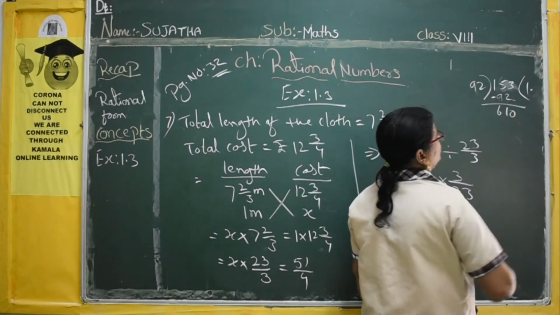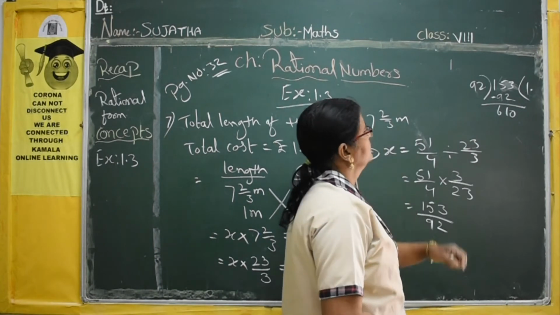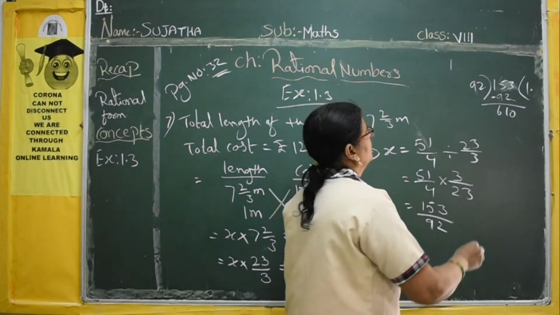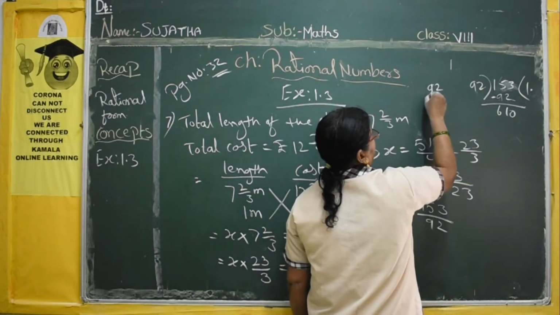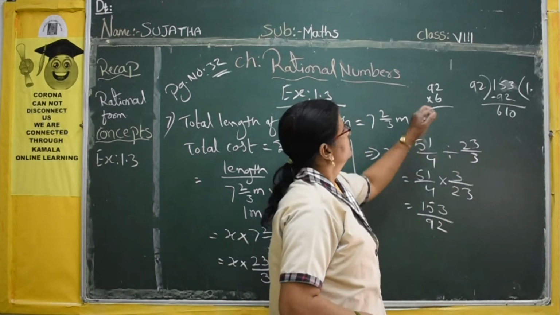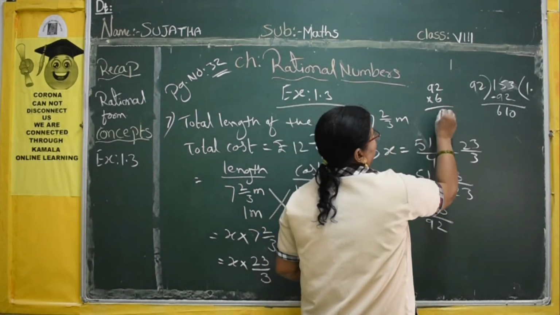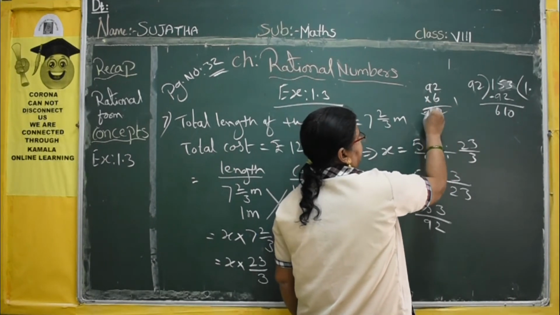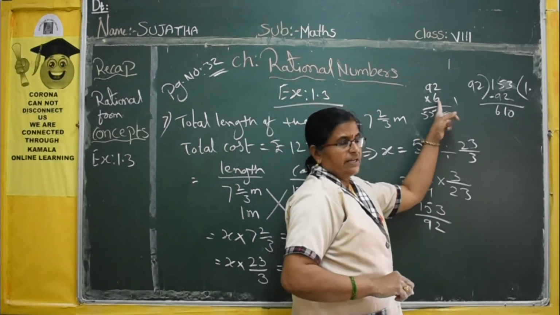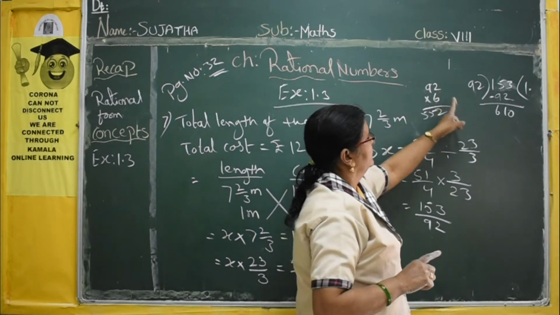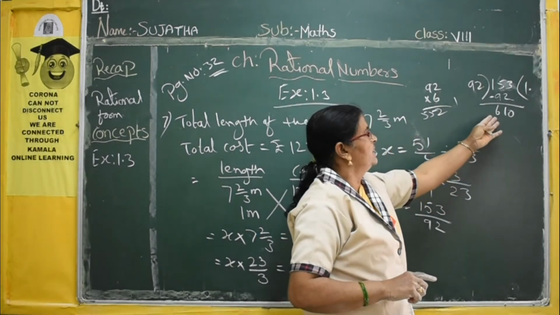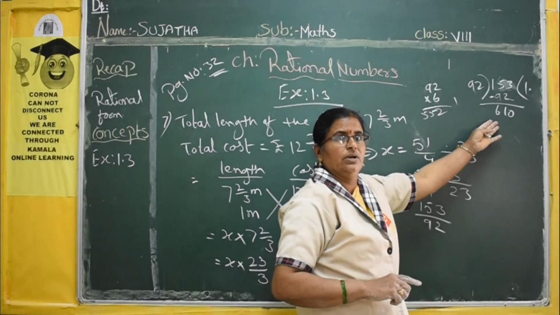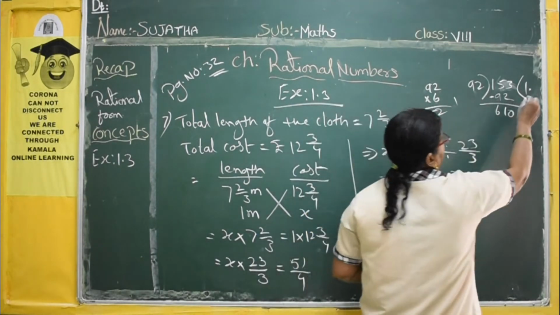Now in 610, how many times 92? I want to take 6. 6 2s are 12, 1, 6 9s are 54, 55. If you take 7, 7 3s are 63. 63 is more, no? Here only 61 means 610 only. So this is enough.